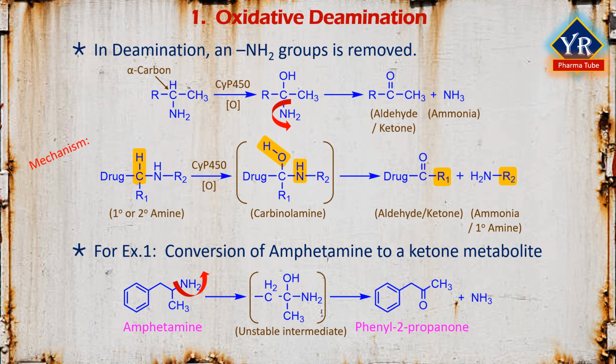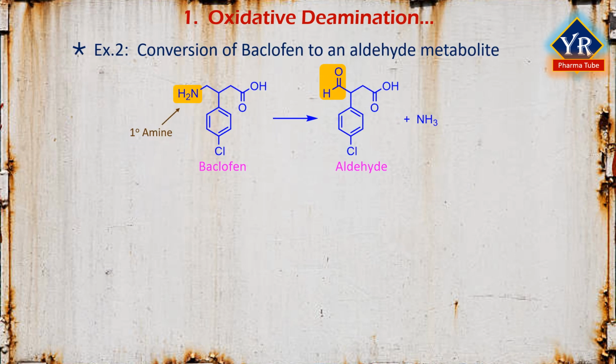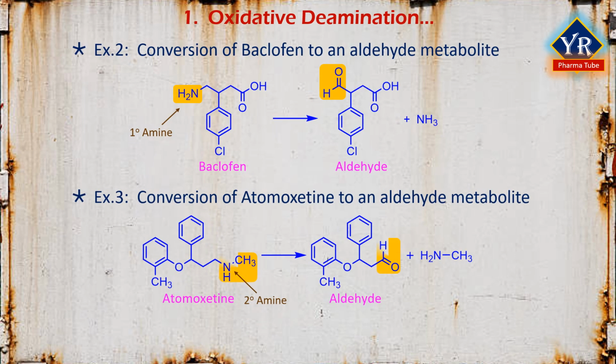As with dealkylation, oxidative deamination involves an unstable intermediate hydroxylation step with the subsequent decomposition to yield the final products, ketone and ammonia.